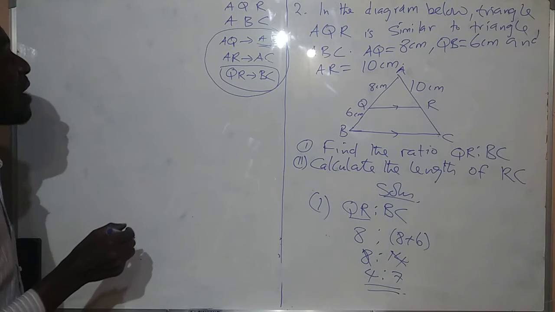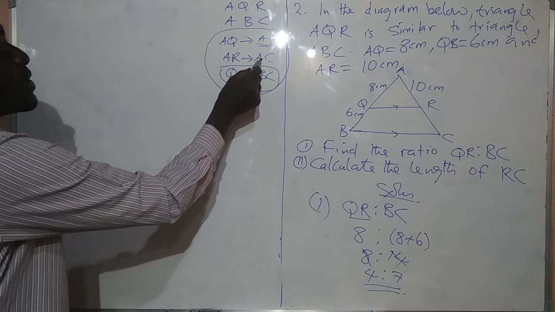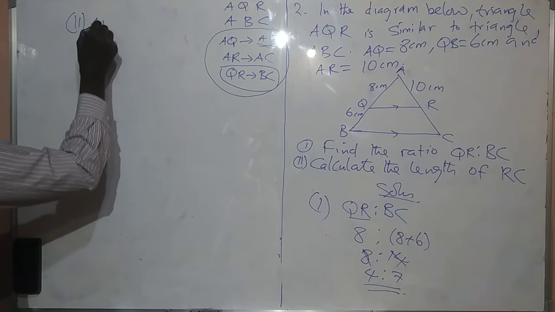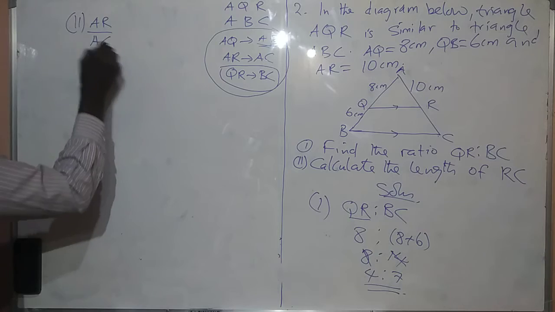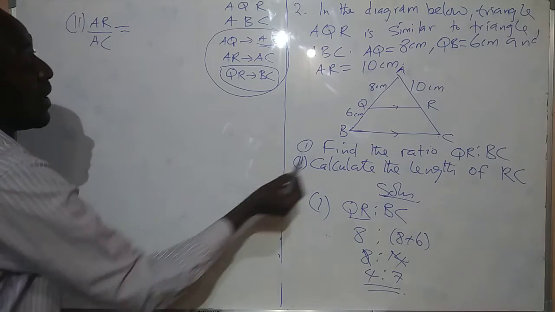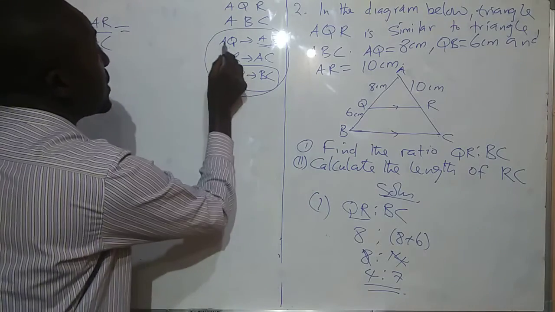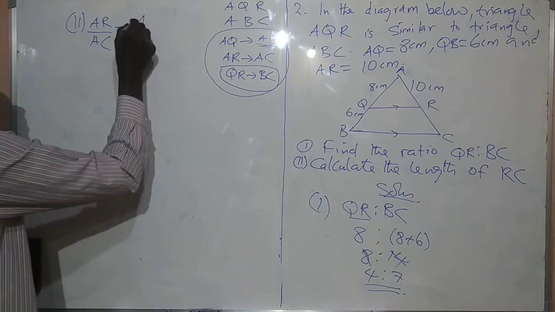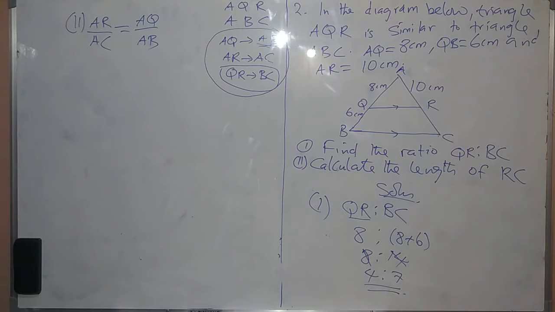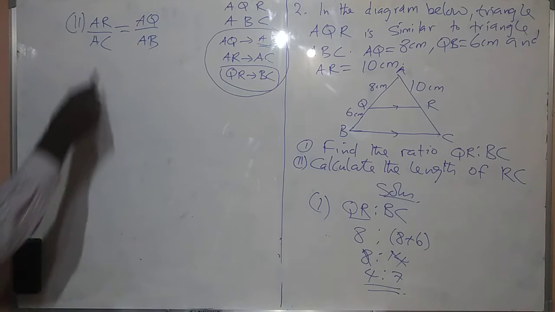Since AR corresponds to AC, we are going to write AR over AC is equal to AQ over AB.